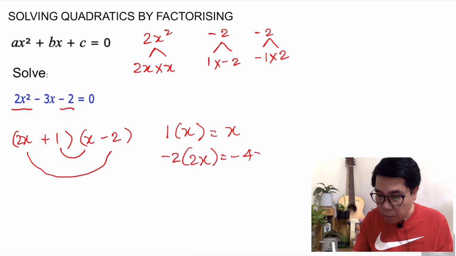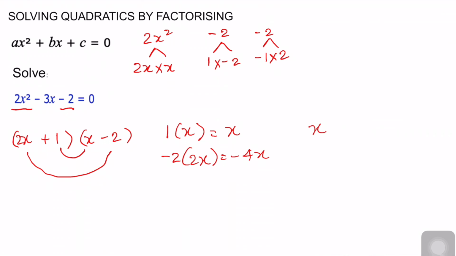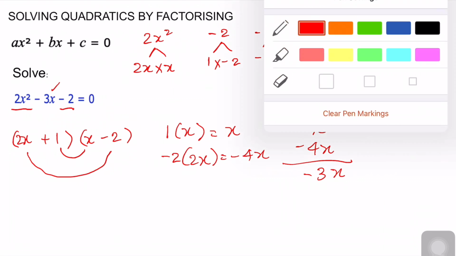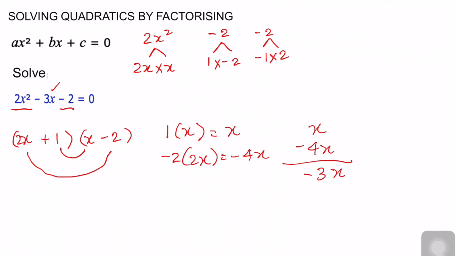Then we combine them. So x and negative 4x is equal to negative 3x. It's correct. So therefore, our factors there are correct.